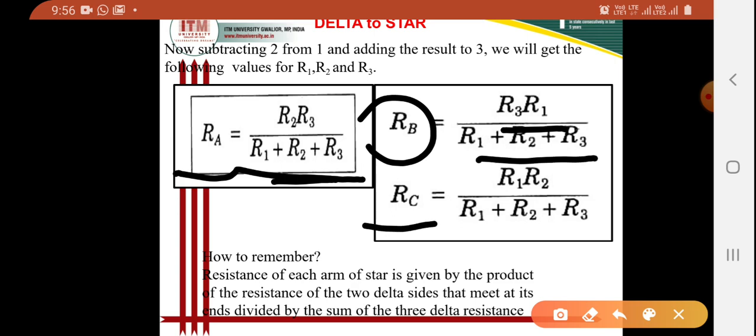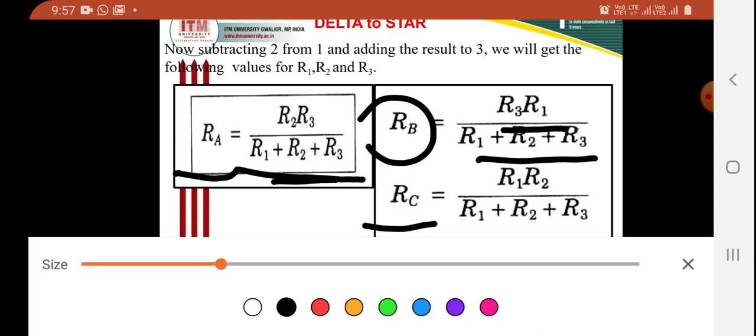Similarly, RC is R1 into R2 divided by R1 plus R2 plus R3. So this is the conversion for delta to star.